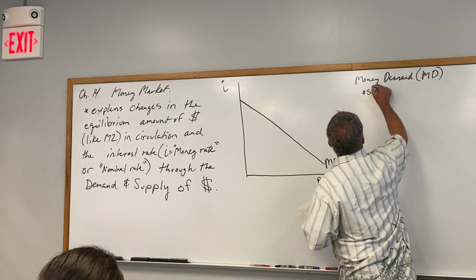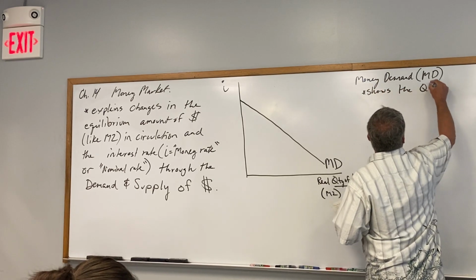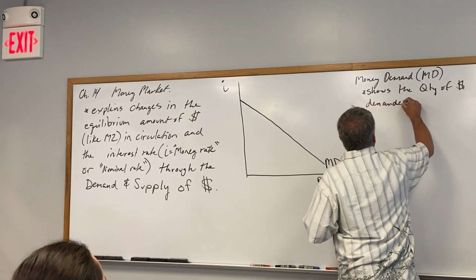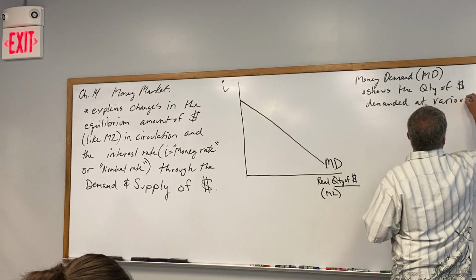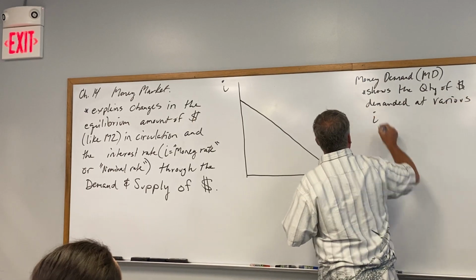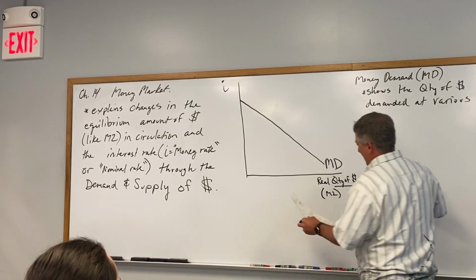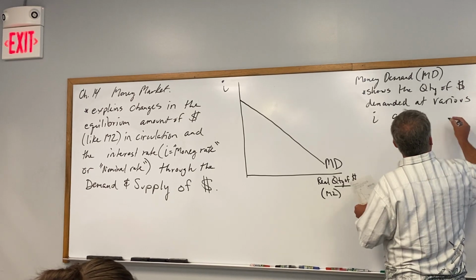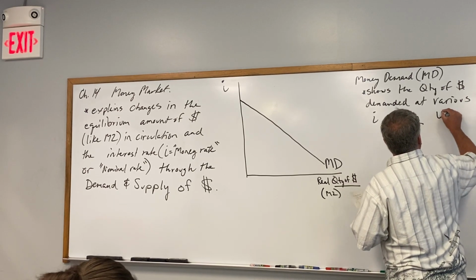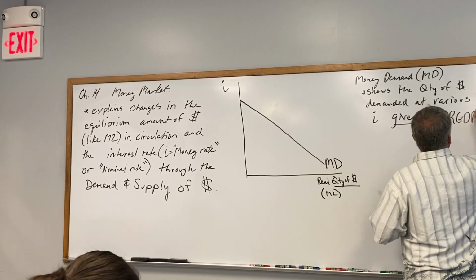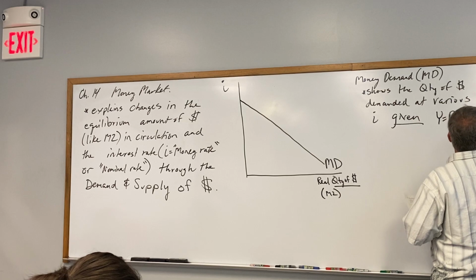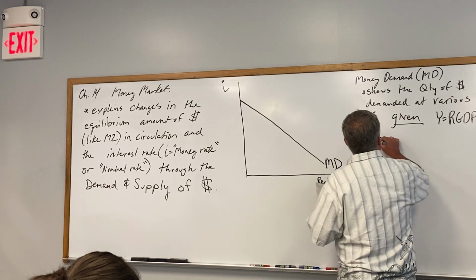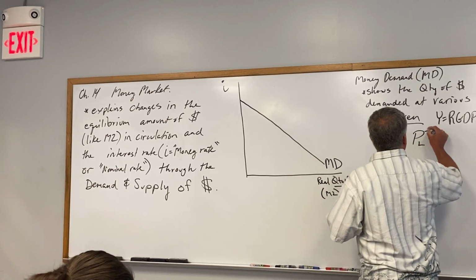And it shows the quantity of money demanded at various interest rates, given real GDP and the expected price level.